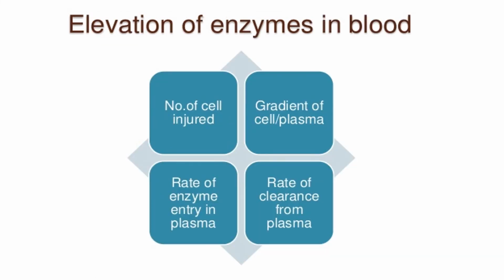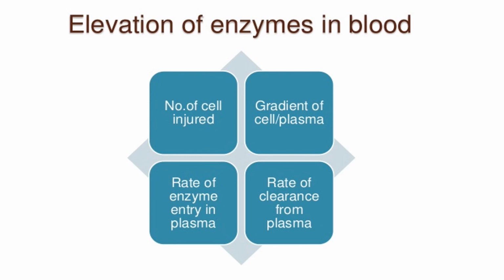As in the previous slide, we were discussing the probable mechanism of this elevation of non-functional plasma enzymes. There are more justifications here: if the number of injured cells is increased, then definitely the non-functional plasma enzyme level will be increased in the circulation.